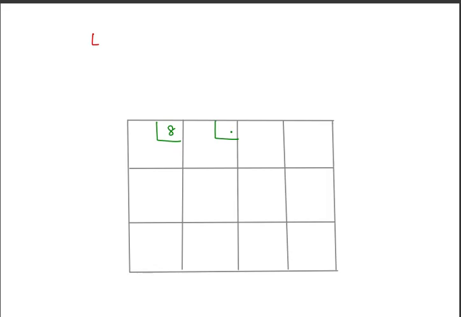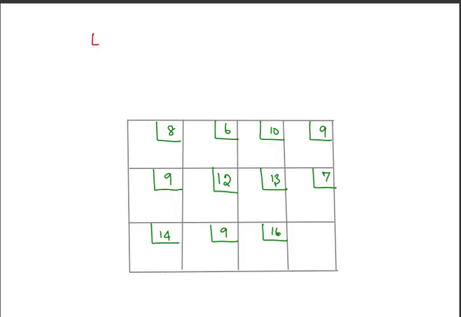So this one is 8, 6, 10, 9, 12, 13, 7, 14, 9, 16, 5.